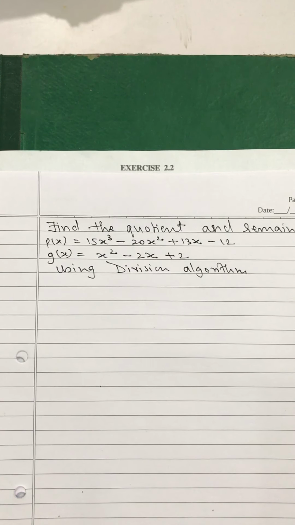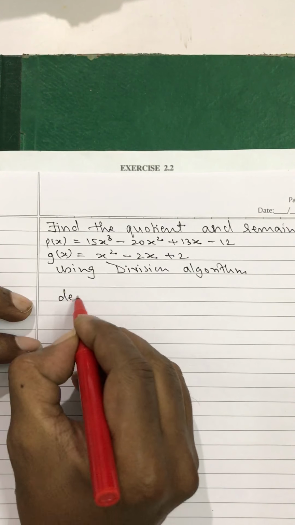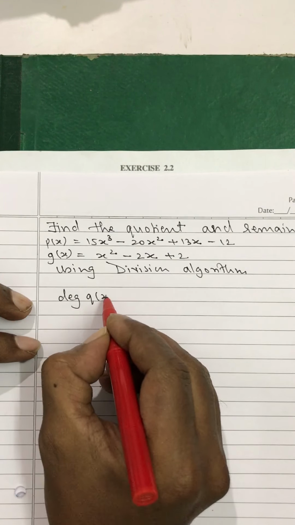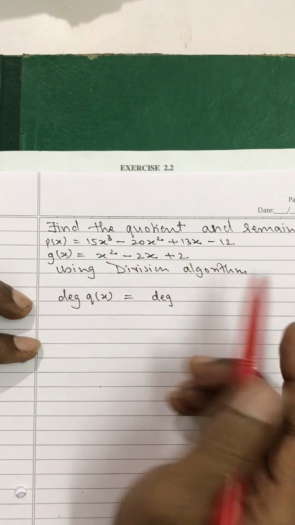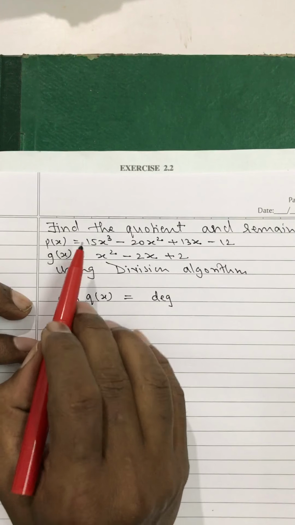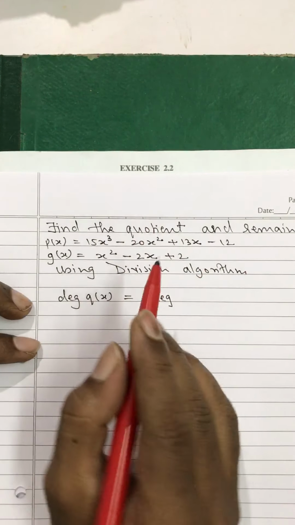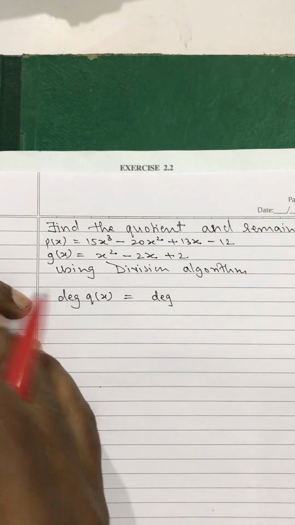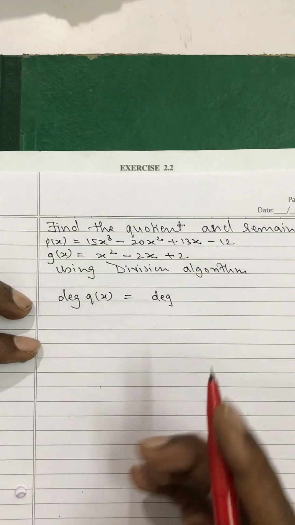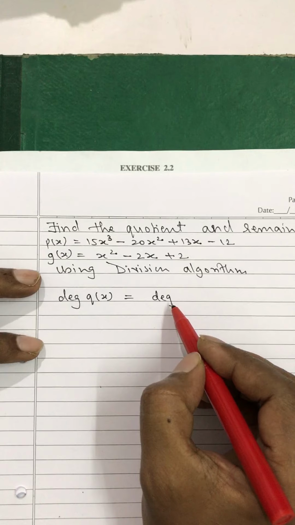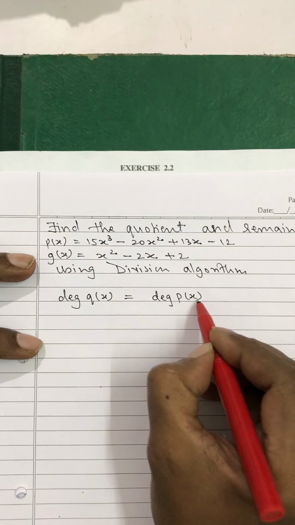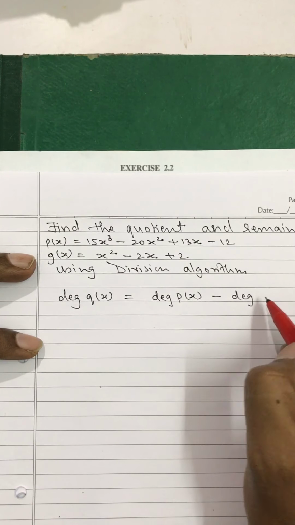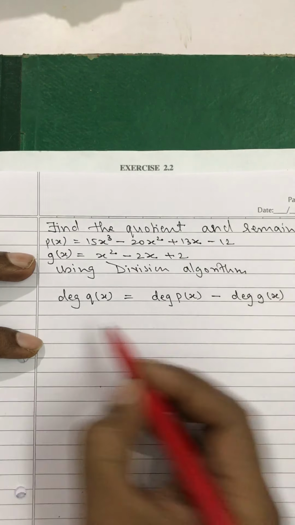See, my dear students, we will use the same logic. Degree of q of x will always be equal to, remember there is a difference, it is not necessary that p of x will have the greater degree. It will be the difference between the two. Sometimes g of x has a greater degree, that also can be possible. Degree of p of x minus degree of g of x.